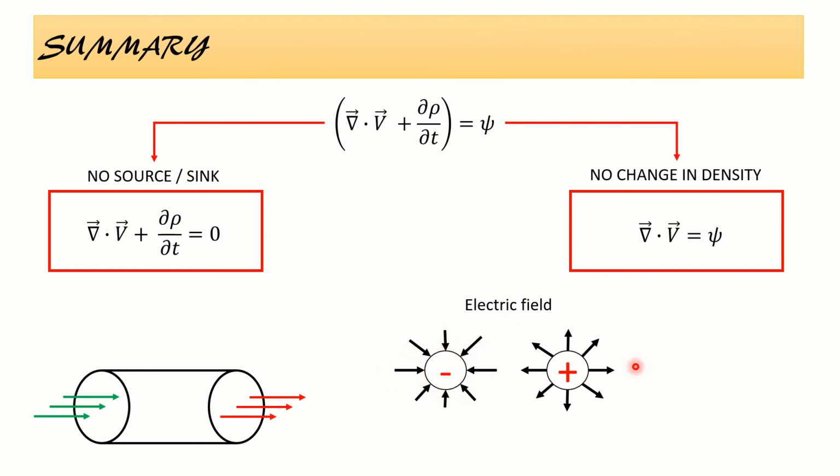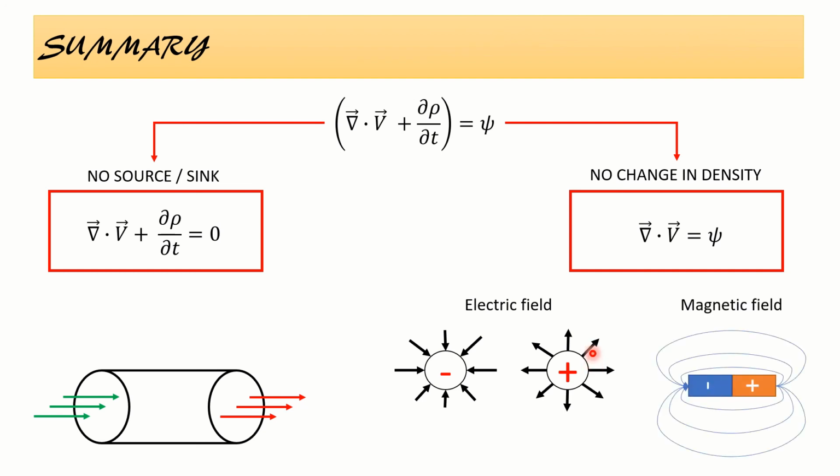But then what about the magnetic field? When you talk about the magnetic field, you do not have a source like this. You do not have a particle that acts as a source that emits a magnetic field, because the magnetic field comes about due to the movement of the charge. Therefore, the gradient of the magnetic field is equal to 0, because you do not have a monopole.